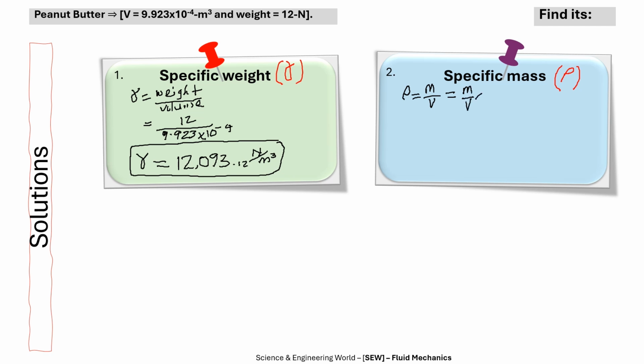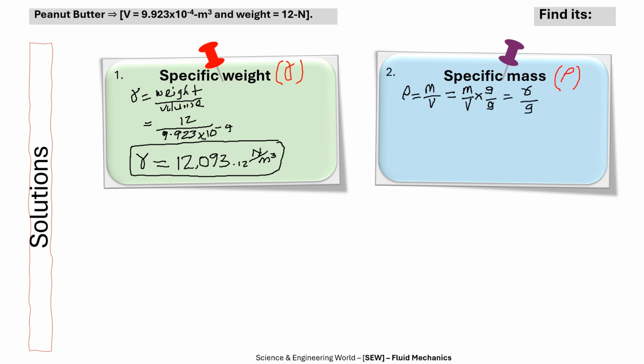The 1 here will be g over g. Now, because we want to have here that mg, that's the mass, times g here is the weight over the volume. So weight over volume is what we have in specific weight. So that gives us gamma over g. Gamma over g. Good.